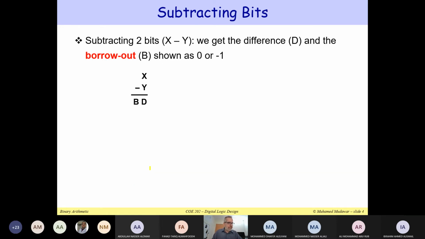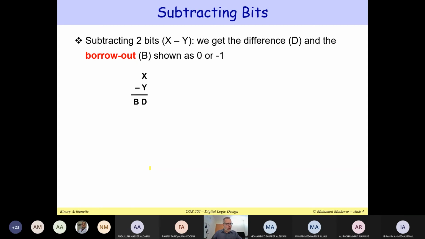Let's talk about subtraction. Now, how do I subtract? We know that in decimal, we use the concept of the borrow, and I'm going to talk about the borrow today. But later I'll come back and show you how we can represent negative numbers inside the computer using the 2's complement representation.